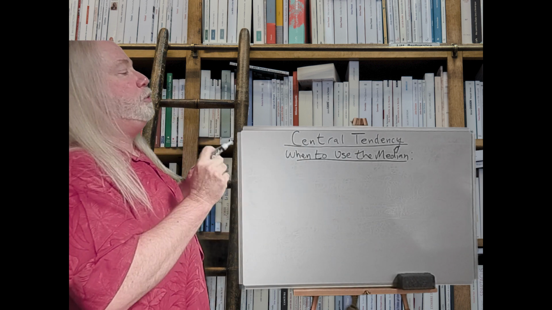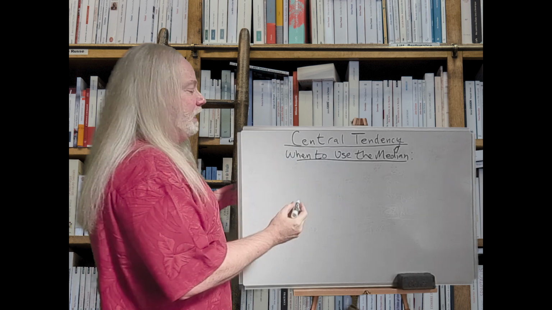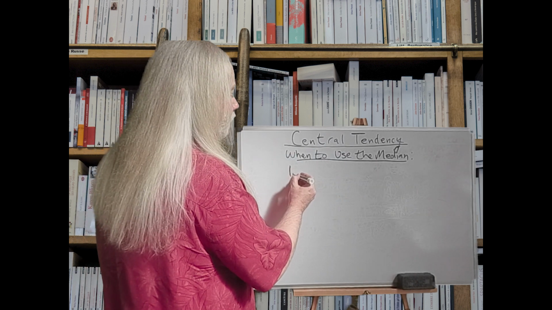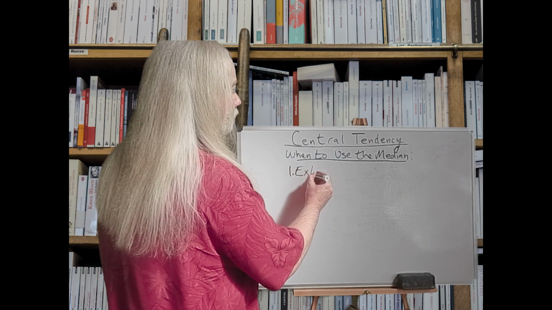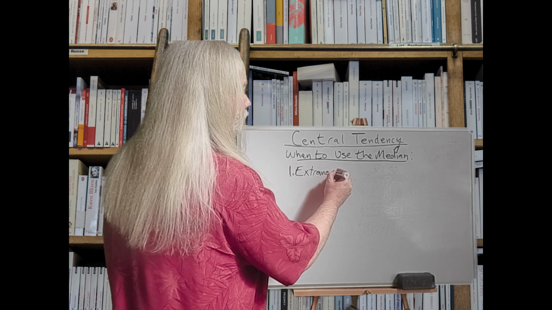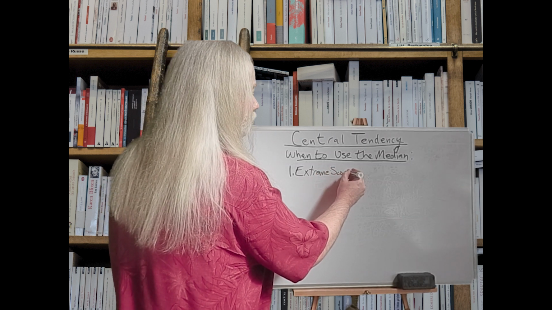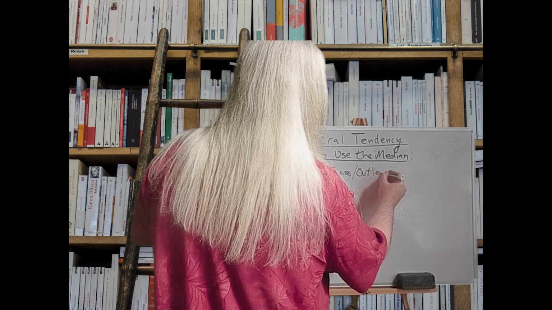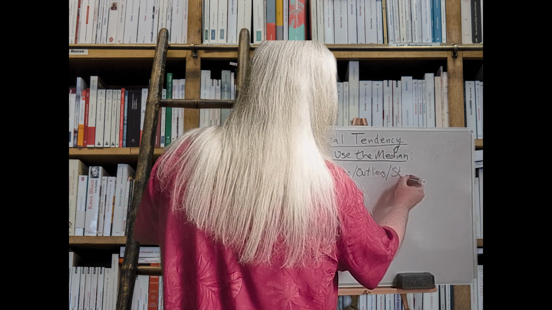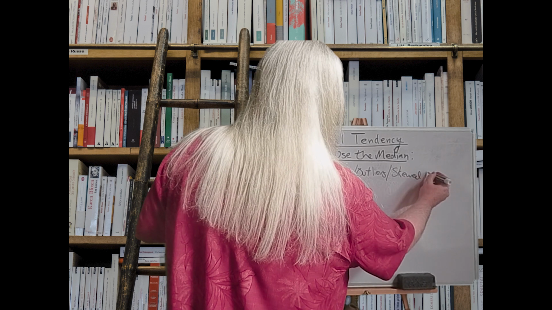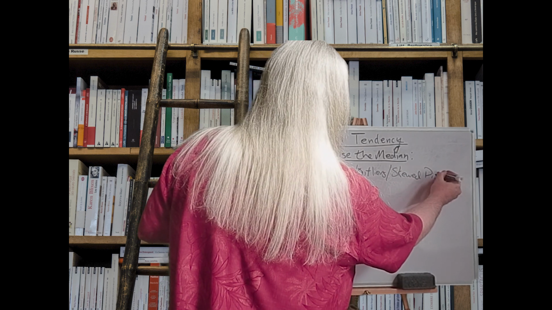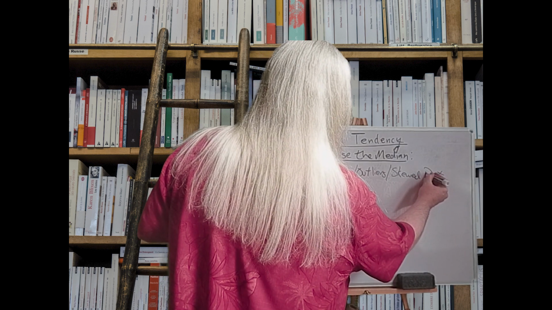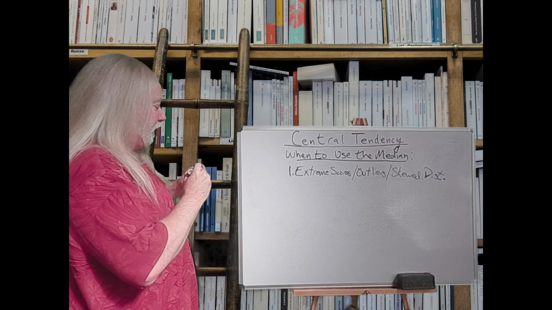The first time you would use the median instead of the mean is if you have extreme scores in your data. There's lots of ways of saying that.